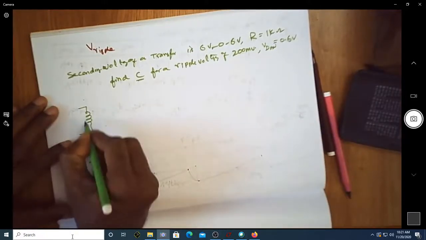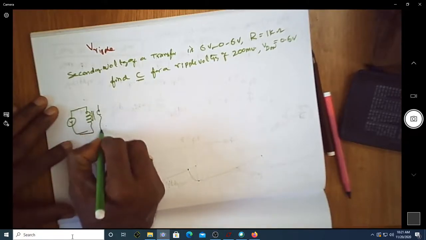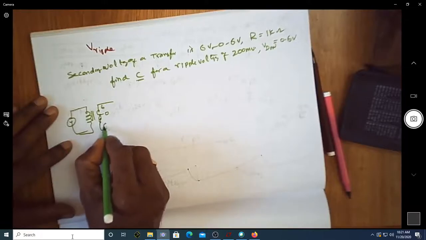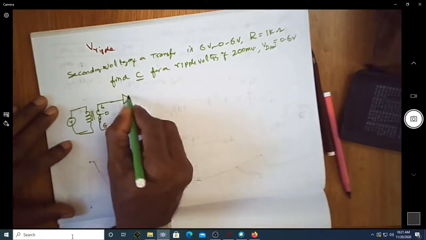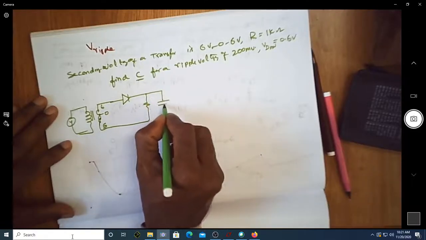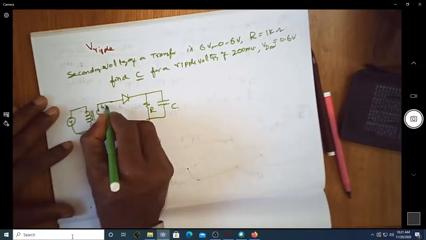The circuit that corresponds to this is over here like this. So this is 6-0-6 here, and you have this half wave rectifier, this resistor, and this capacitor. This is the value of C, this is R, this is 6 volt.